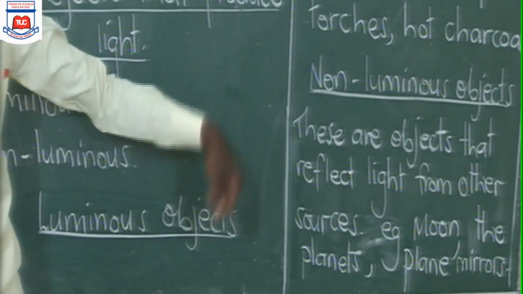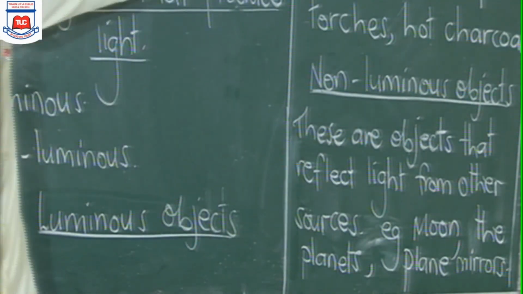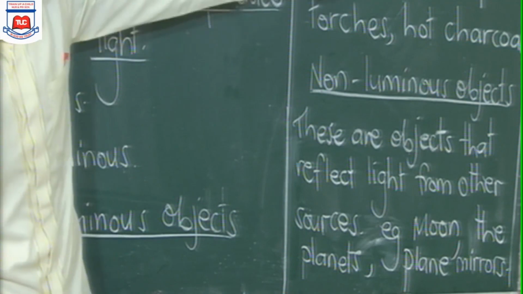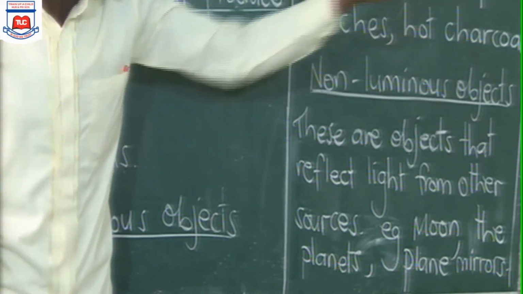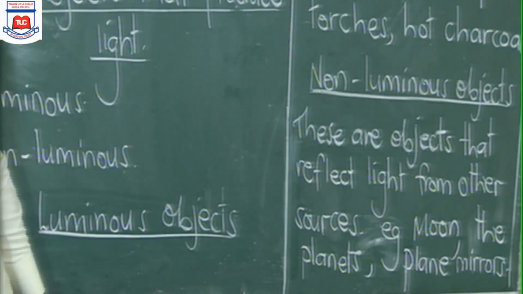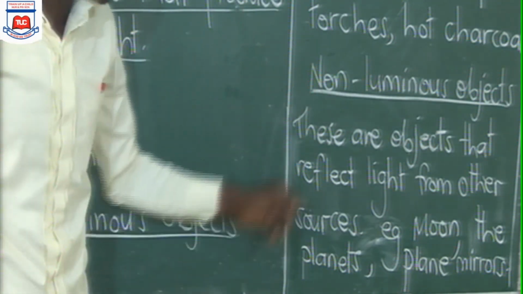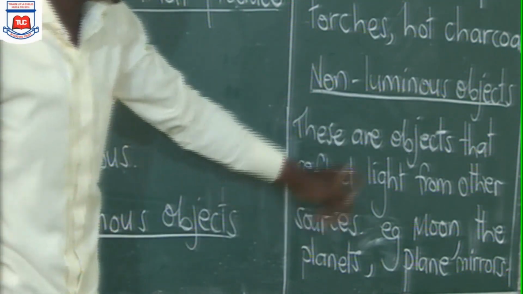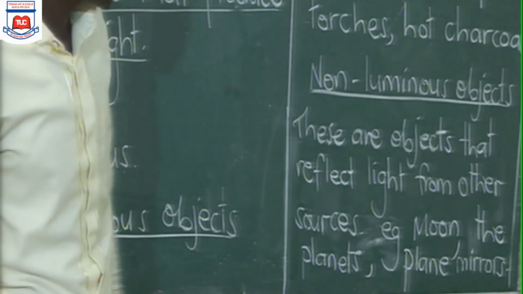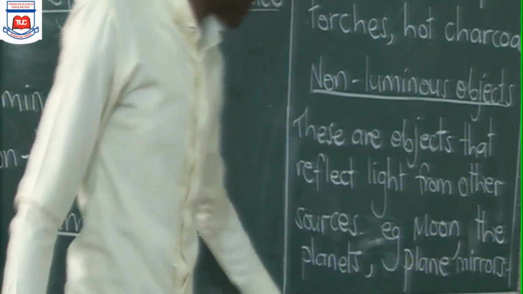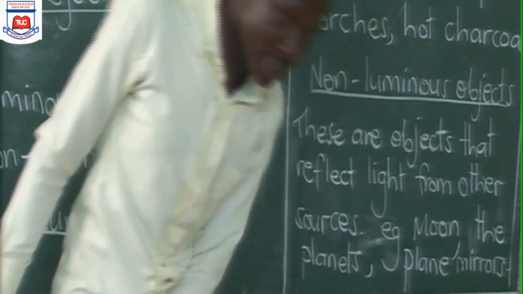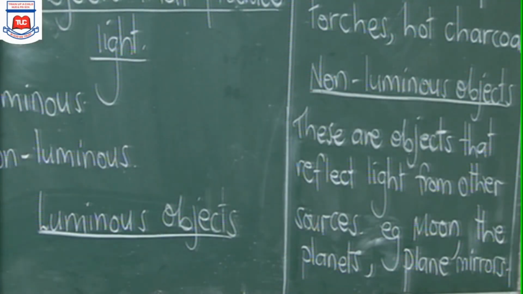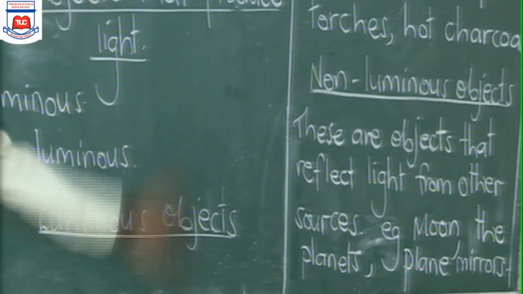They only reflect light. How? Light from other sources, for example the sun, falls on them and is reflected. In that way, they give out the light. So these are objects that reflect light from other sources. Examples include the moon, the planets, and the plane mirrors. Those are the examples of non-luminous objects.